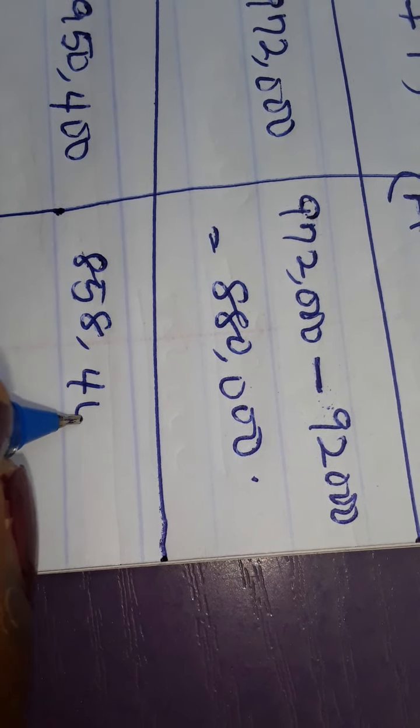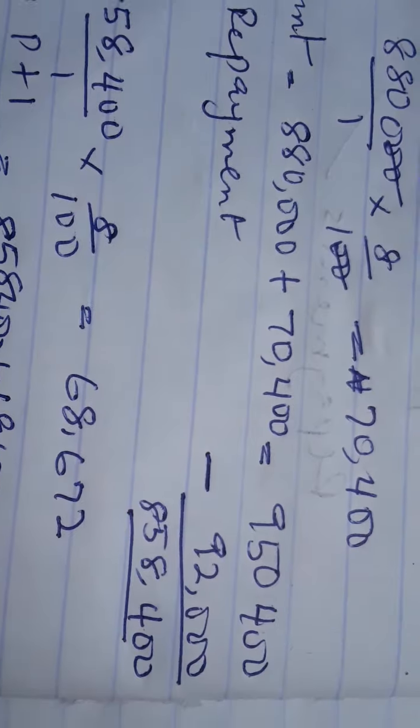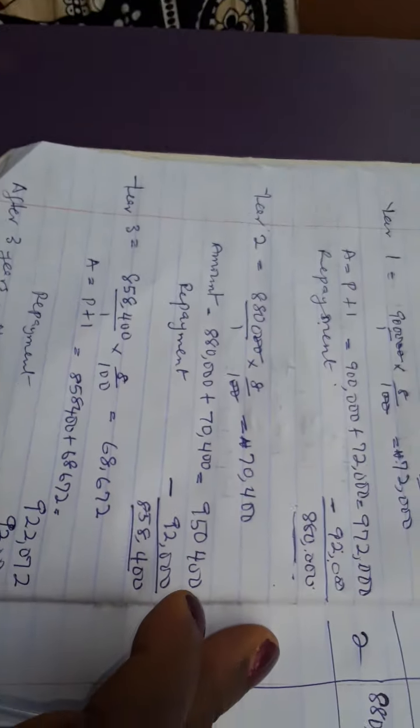How much are you owing at the end of the year, which is your amount less your repayment, and that is going to give you 858,400.